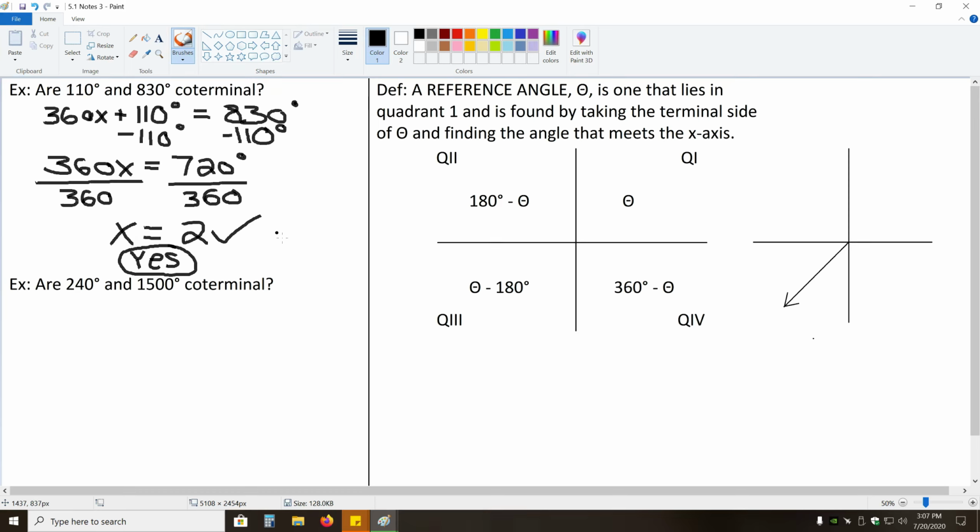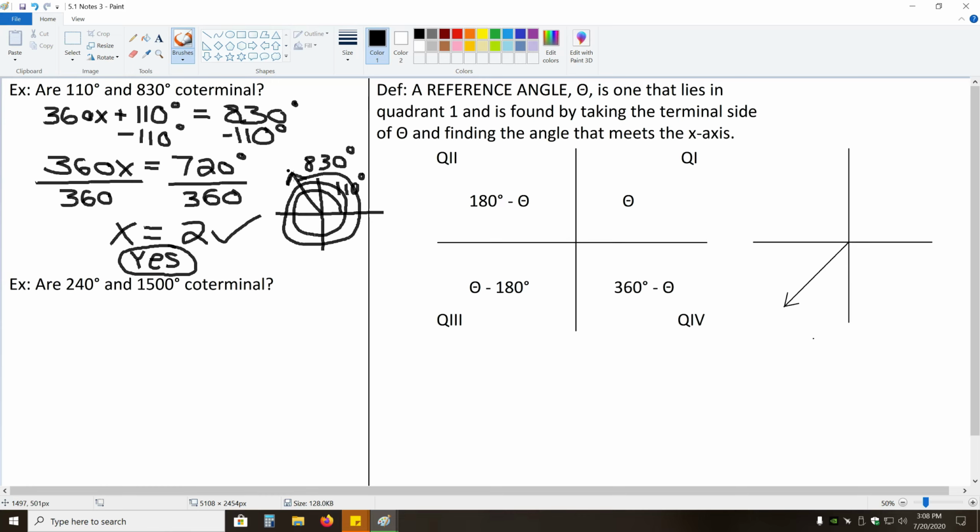Coterminal, just to be clear on this, means if you were to look at a graph, so if you were to look at this angle plotted out, 110 degrees would look something like this, if we were to actually draw it. Then if you were to take this angle and do a complete rotation around, and then another complete rotation around, 830 degrees would be where you'd land after 2 complete rotations.